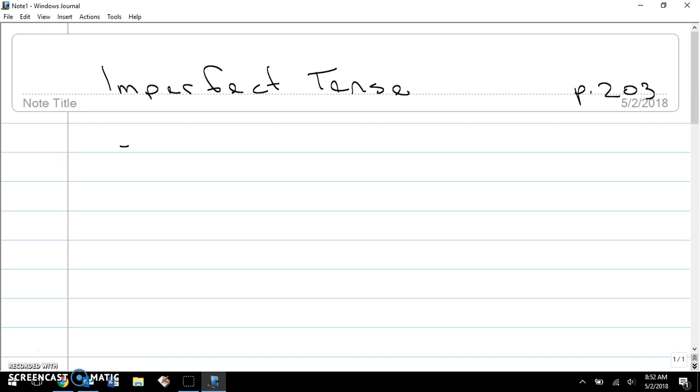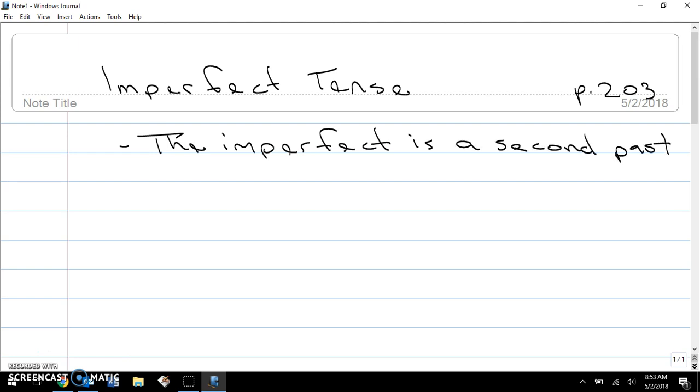And I know you're going to be overjoyed to hear this, but the imperfect tense is a second past tense in Spanish. So we just got done dealing with the preterite, and now we're going to learn a second past tense called the imperfect.